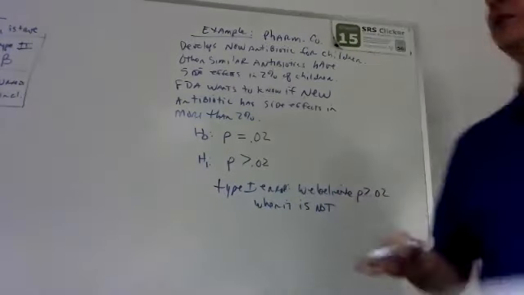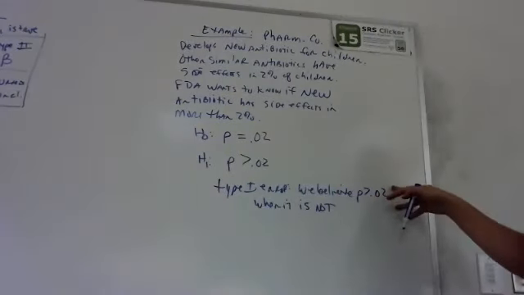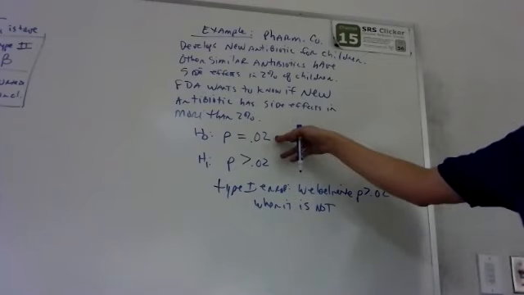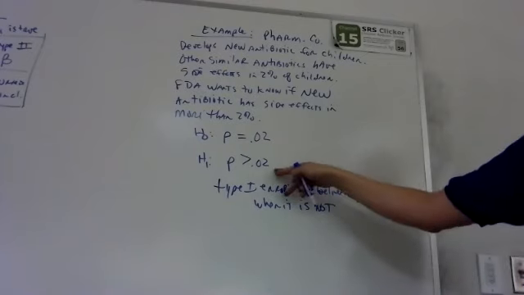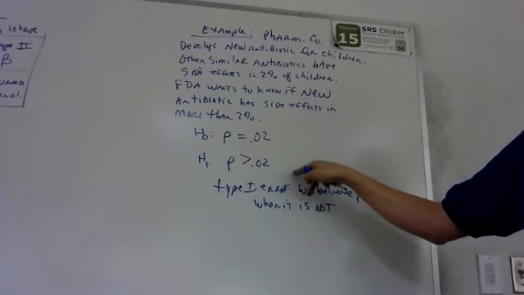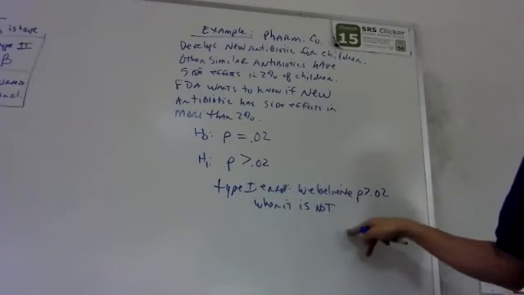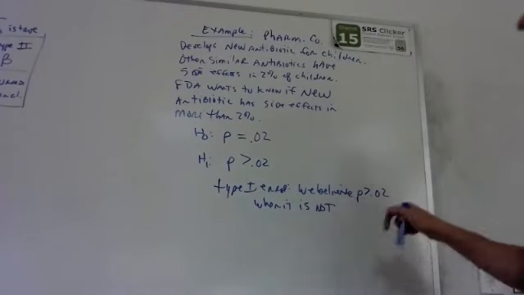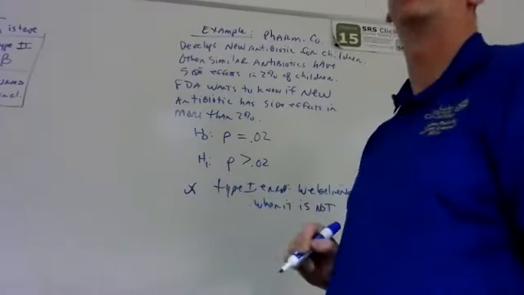The idea here is 2% of the kids have side effects. You think your new drug has more than 2%, so you're probably not going to release this drug because you think it's unsafe. That's a mistake. Maybe it really was just 2%, but you're being safe. That's what we're going to refer to as our alpha.